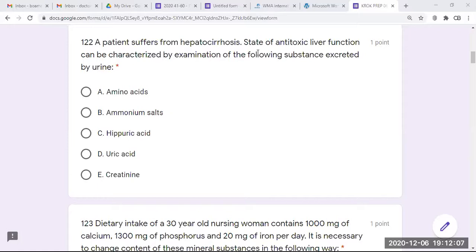So when we talk about antitoxic liver function, we are basically talking about the detoxification process that occurs in the liver, right? Now, we all know that the liver detoxifies substances, right? But do we know how exactly the liver does that? Okay, let's try and get a basic understanding of how the liver detoxifies substances that may be harmful to our body, which we've ingested.